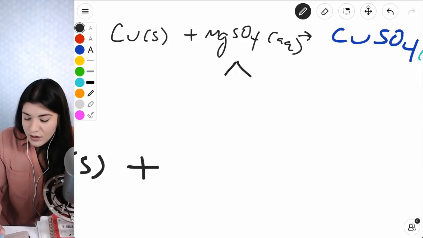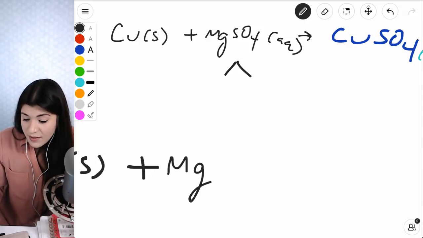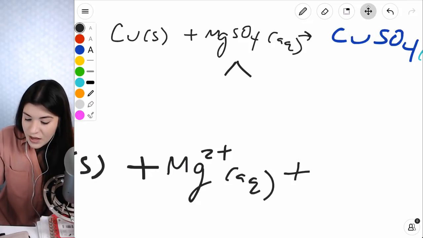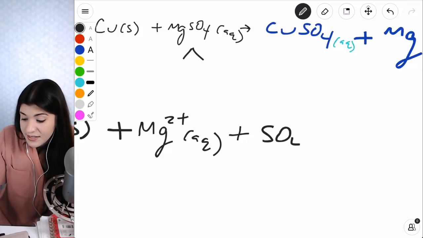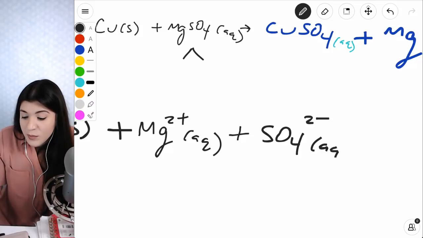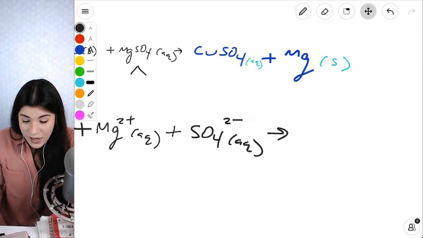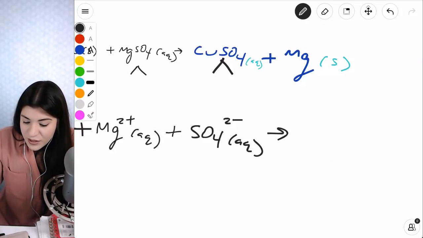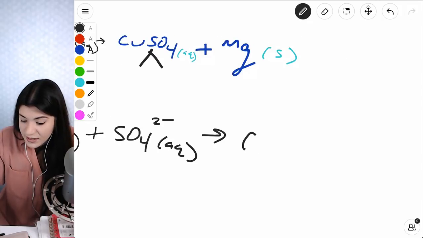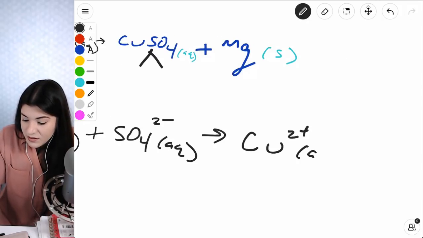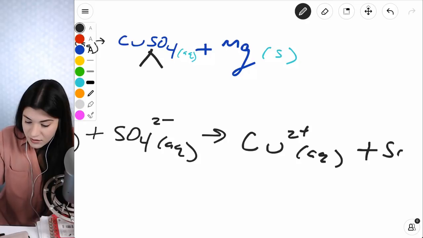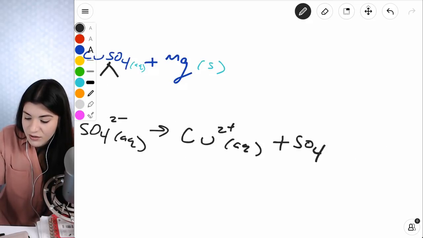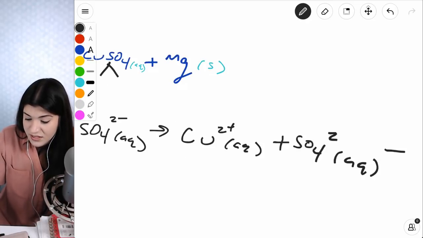So magnesium will be on its own with a charge of 2+, and I'll state that it is in its aqueous state, and then sulfate, SO4 2-, in its aqueous state. And then we'll keep going. We'll also separate out this other aqueous solution. So this would have been copper with a 2+ charge, that's aqueous, plus sulfate 2-, also aqueous, and I'll leave magnesium alone since it is in its solid state.